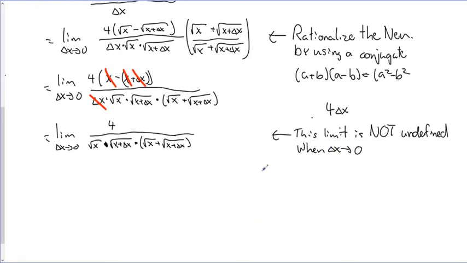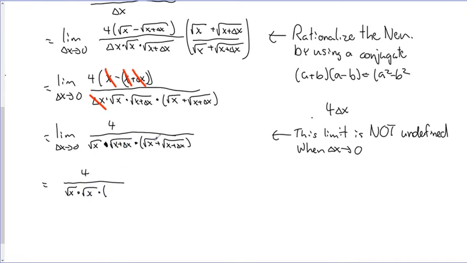All right, so I can just let it happen. This becomes 4. When I let delta x go to 0, square root of x just stays square root of x. When I let x plus delta x go to 0, I'm just left with x, so I have another square root of x.